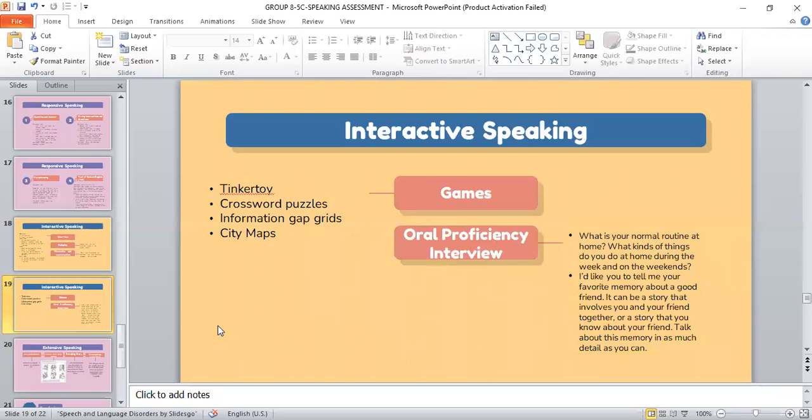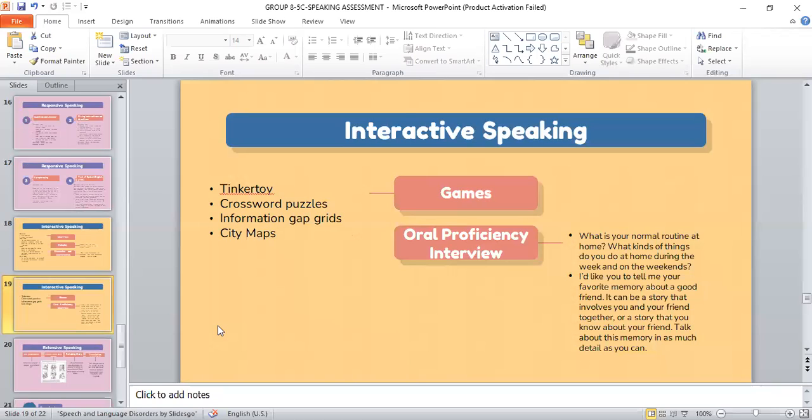And the second is crossword puzzle. Crossword puzzles are created in which the names of all members of a class are clued by obscure information about them. Each class member must ask questions of others to determine who matches the clues in the puzzle. The third one is information gap grids.